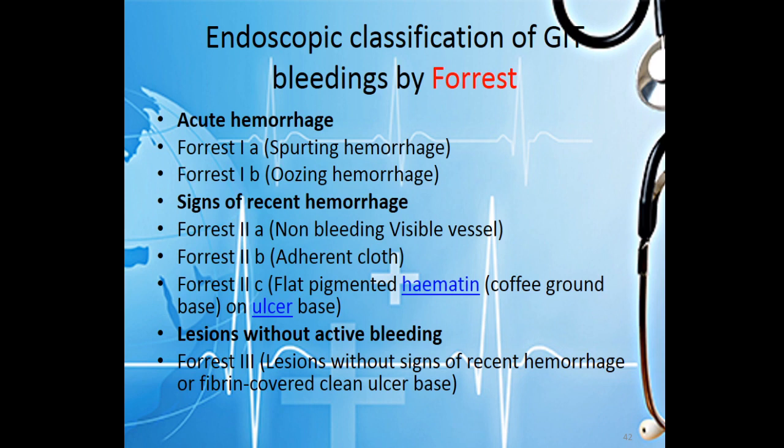And Forest 3 is very good for us: no bleeding, because on the ulcer base there is either fibrin or a white clot. If we see fibrin and a white clot, there is no bleeding now and no recurrence. So, Forest 1, Forest 2 and Forest 3.